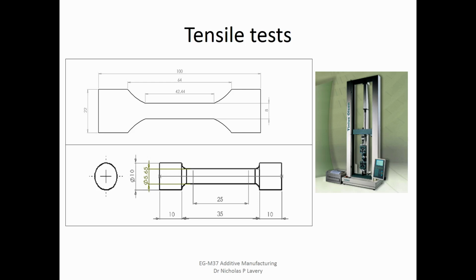How are the tensile properties going to compare? How are you going to choose a tensile test component? How are you going to show that it has the same properties regardless of the direction it's built in?